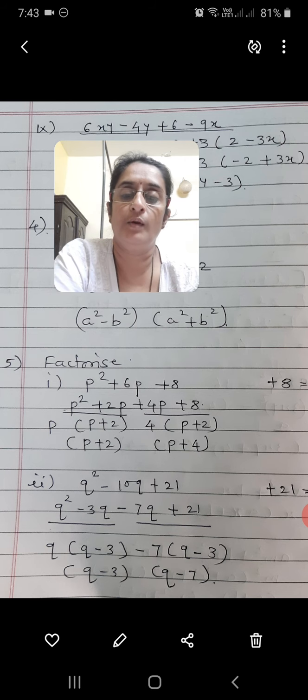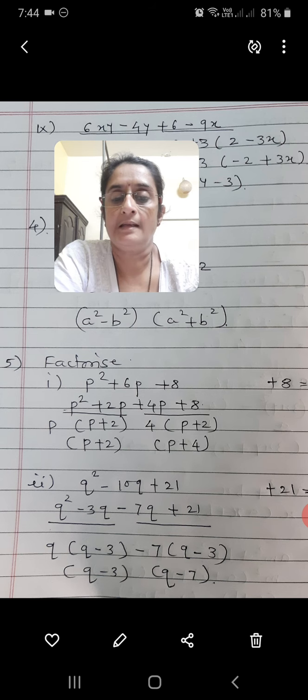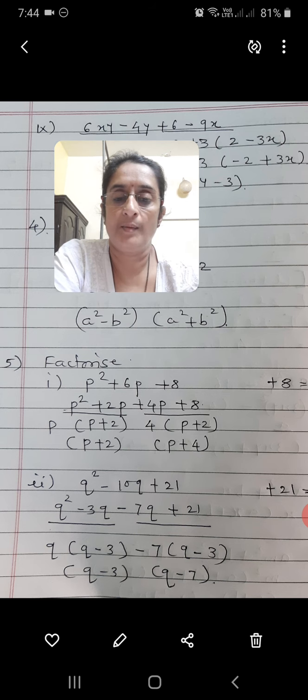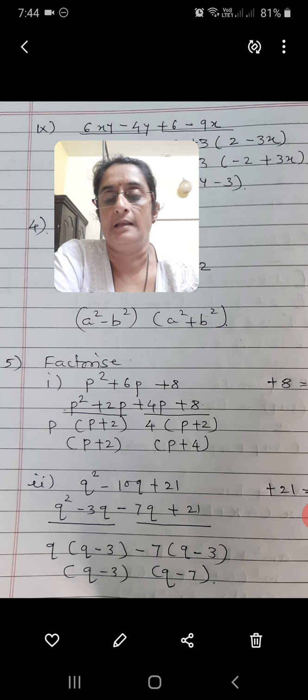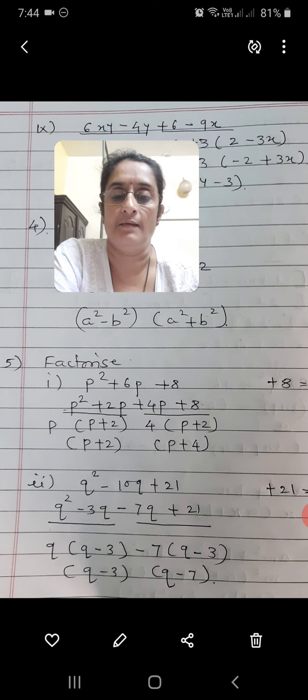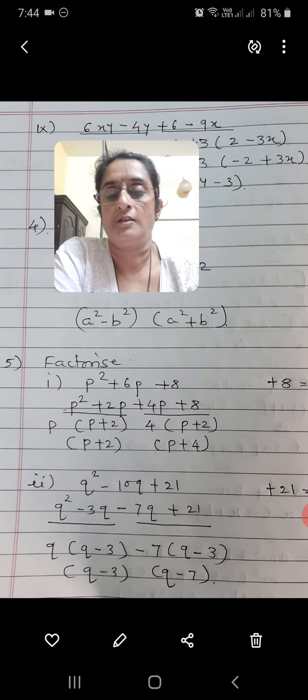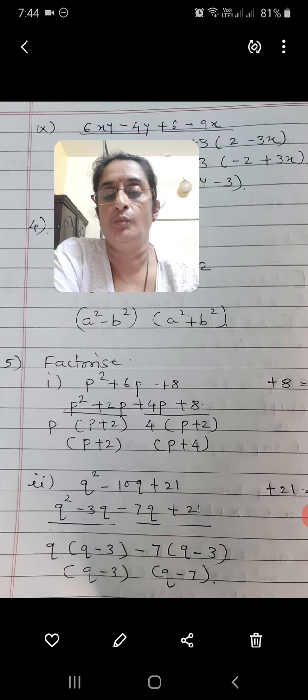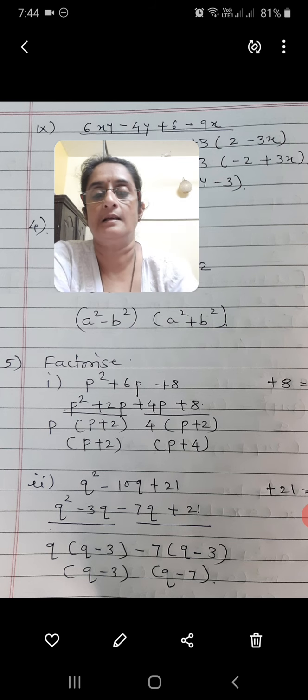So we will take only the number, minus 7. What remains in the bracket? Q minus 3. Now q minus 3 is a common bracket. Take it once and the remaining terms outside the bracket we put in the second bracket, that is q minus 7. So the factors of the given expression are q minus 3 and q minus 7.